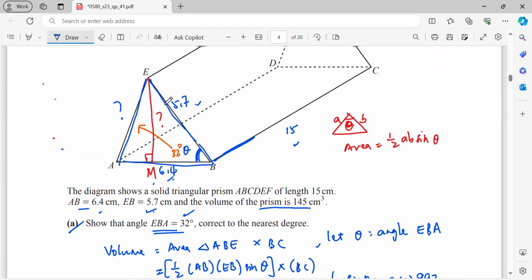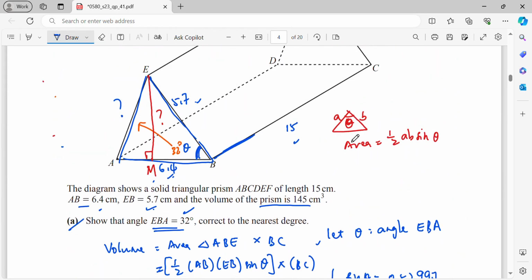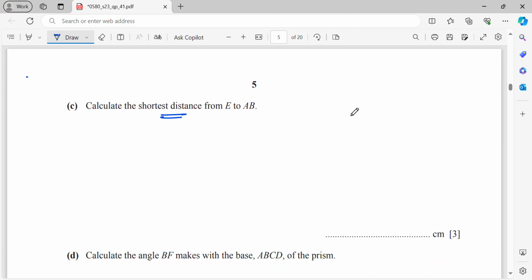So the shortest distance is EM. Now I will just draw this out. So let EM be the shortest distance.